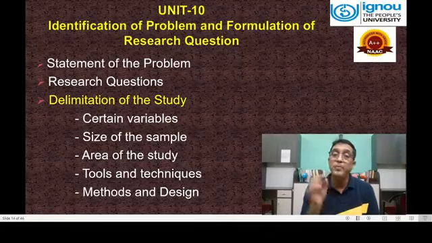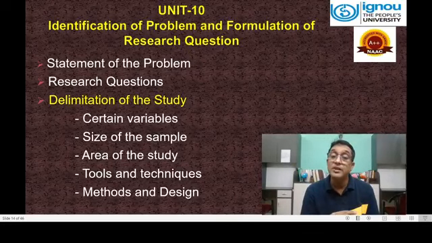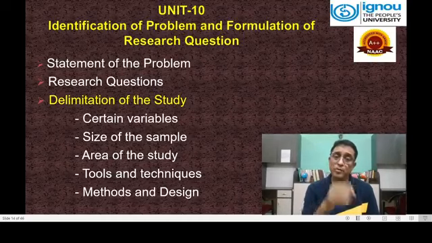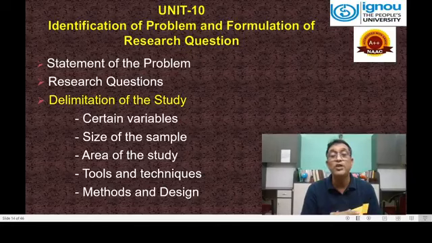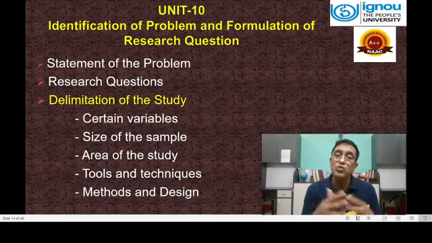Being a researcher, when you are proceeding to conduct a research study, a dissertation work, you have selected a problem, and definitely certain questions will be there in your mind. Without question, you cannot do a study, and without question there are no issues also.